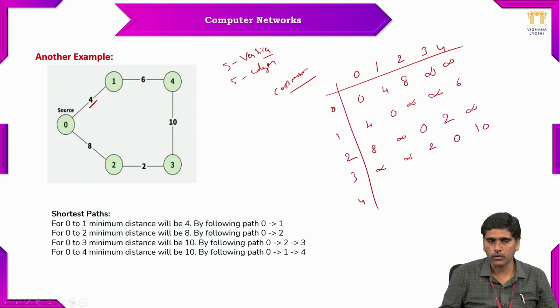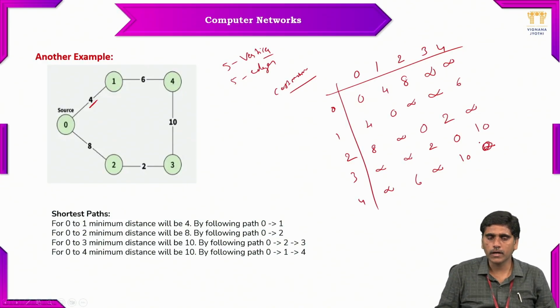And similarly for 4. 4 to 0 is not directly connected, so infinity. 4 to 1 is directly connected with distance 6. 4 to 2 is not directly connected, so infinity. 4 to 3 is directly connected with distance 10. And 4 to 4 is the self distance, so it is 0.